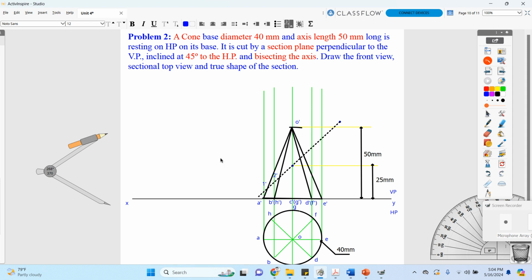Then the next one is 3 dash over here on the axis, then 4 dash over here on the next one, and the last one is 5 dash. I'm going to place it over here.